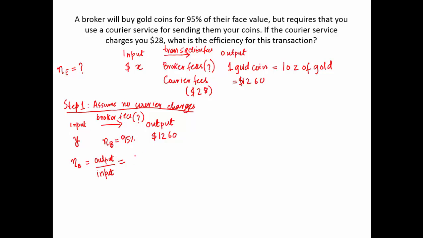So our output is $1,260, and our input, let's call it Y. We know that the efficiency of this transaction is 95%, so our unknown here is Y. So Y is equal to $1,260 divided by 95%, and I'll just multiply by 100%.